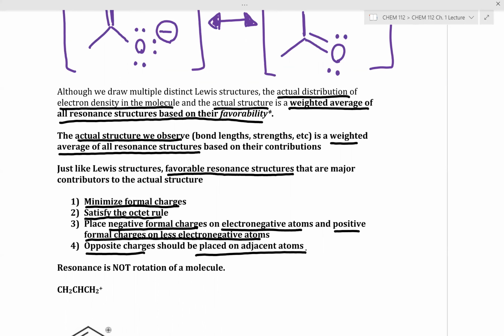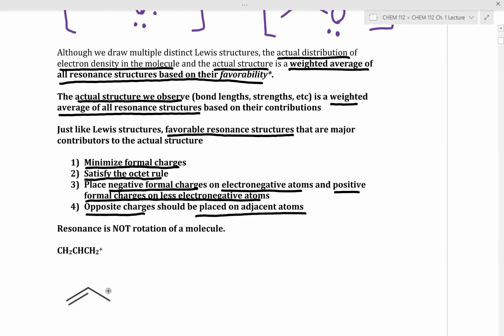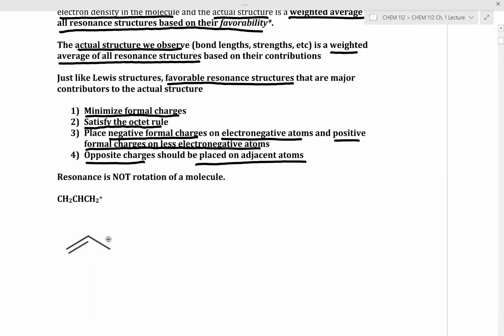Now, to really help showcase this idea, I want to emphasize that resonance is not rotation of a molecule. So we're not just rotating our view of a molecule. It is a change in the distribution of electron density, or our drawn distribution of electron density.